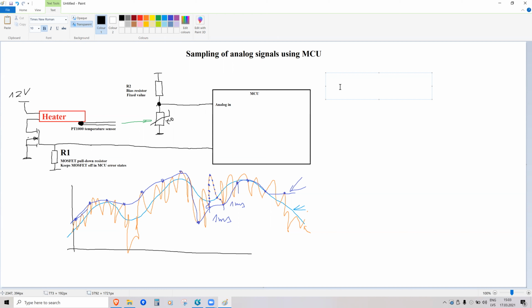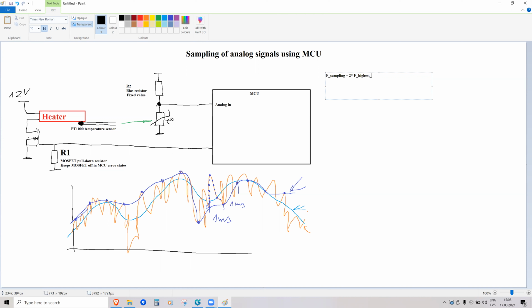So sampling frequency should be 2 times the highest frequency in your signal. So this is the sampling theorem, right?